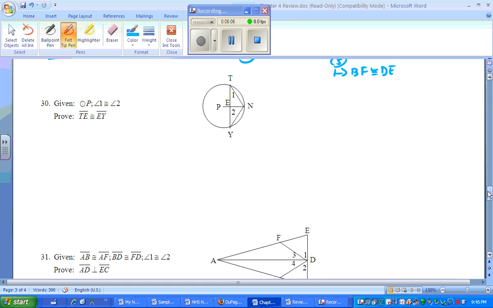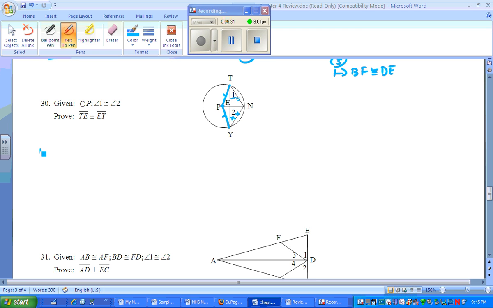Question 30. Right away, you notice P is the center, so probably a good idea to draw on the two radii. You know those two are congruent. You know angle 1 is congruent to angle 2, which is down here, which then, if angles, then these two sides are congruent. This causes a perpendicular bisector, which will cause those two sides to be congruent.